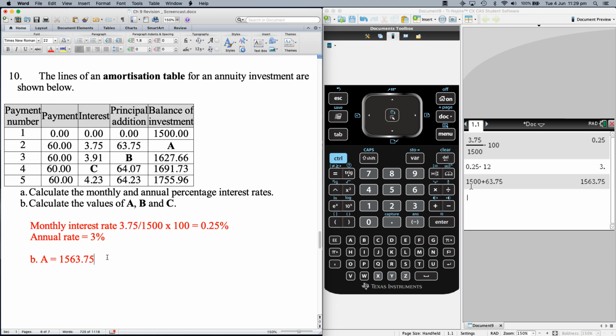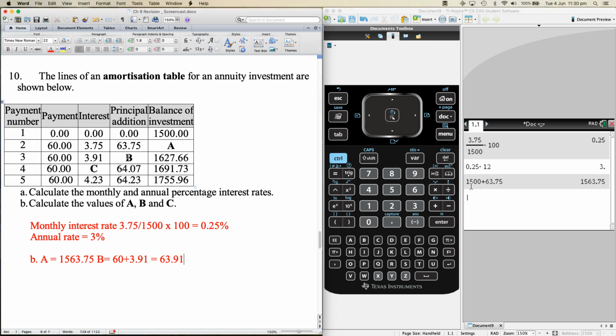To find the value of B, we're working out now what the principal addition would be. That's just going to be our payment of $60 plus this interest that was earned. So we're going to add those two together and that will give us B. Okay, we can work that out without the calculator. 63.91.